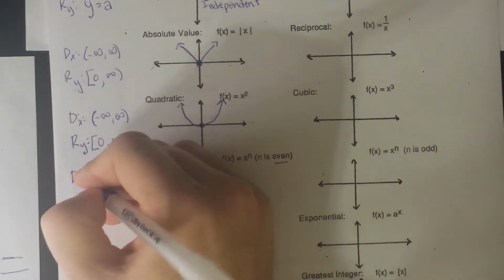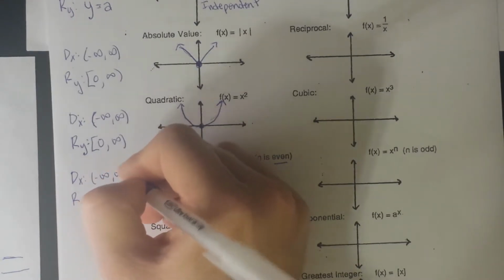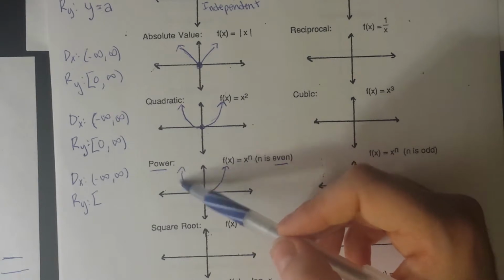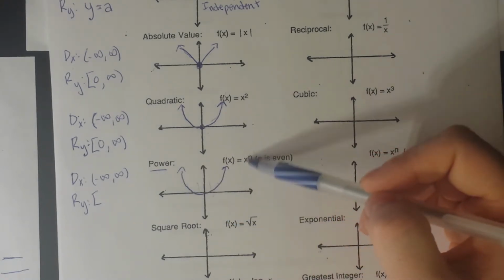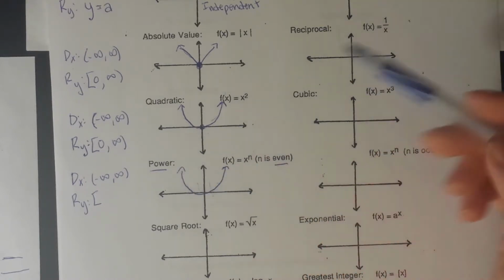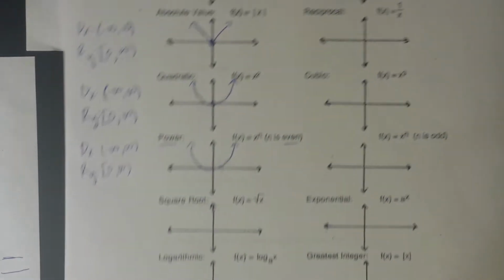So d sub x, r sub y, the domain is still negative infinity to positive infinity, and the range can vary a little bit depending on the actual exponent or power, but if we're just looking at a regular parabola x squared, it would be the same, 0 to infinity.